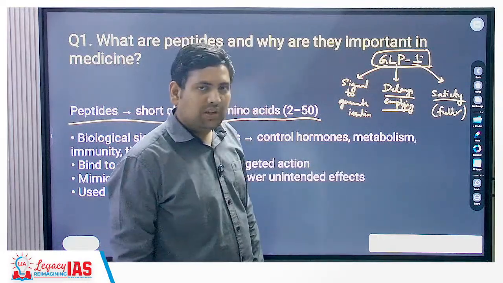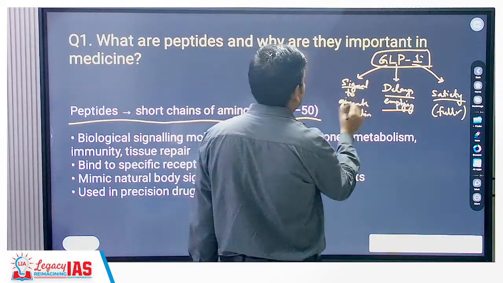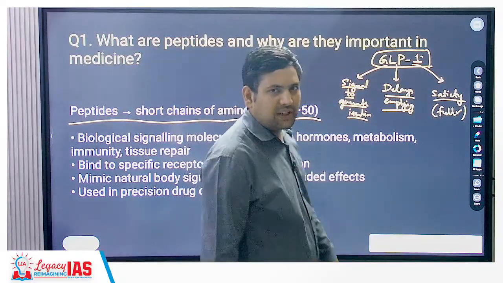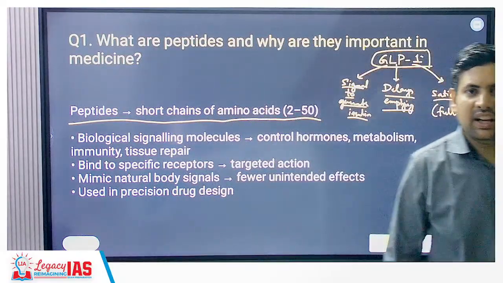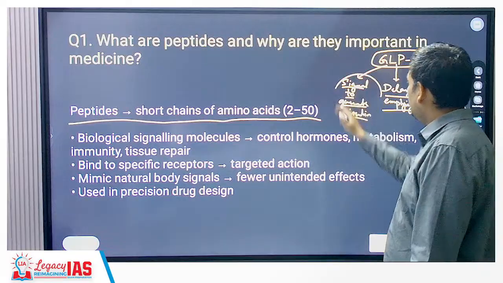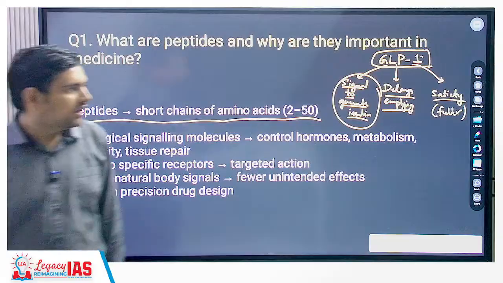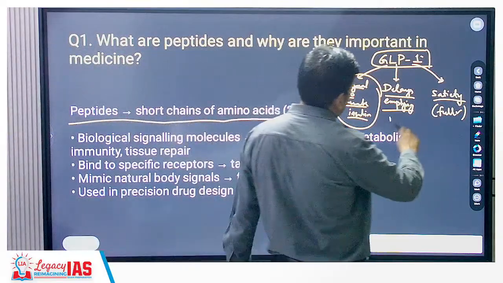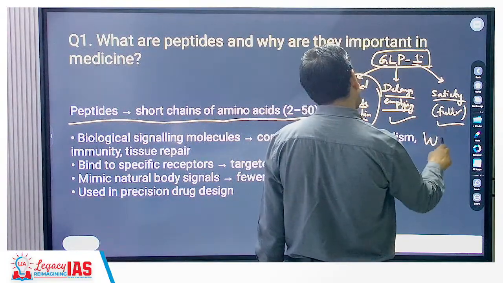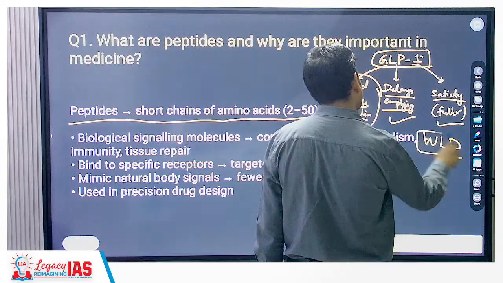Now similarly, using this they made something known as weight loss drugs. So what they said that, see, this signal to generate insulin is fine, this is the main thing that people understood before, but these two are very good for weight loss drugs. Why?